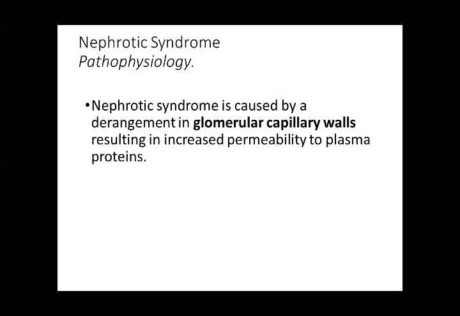Nephrotic syndrome. Please note down, we have three syndromes in the glomerular problems: nephrotic syndrome, nephritic syndrome, and rapidly progressive glomerulonephritis. All three are not diseases by themselves, but there are several diseases that cause these syndromes, right?